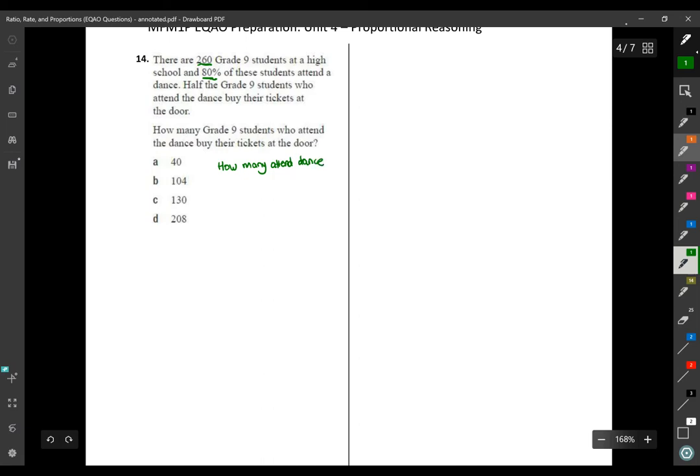So we need to figure out what is 80% of 260. And we have to solve for x. Now it's going to give us 208. So 208 grade 9 students attend the dance. Next, we have to figure out how many students buy their tickets at the door.